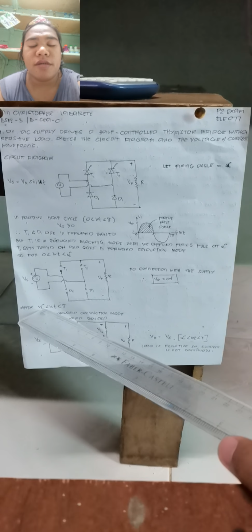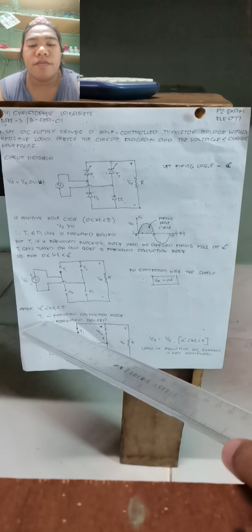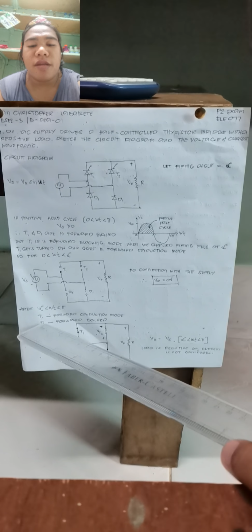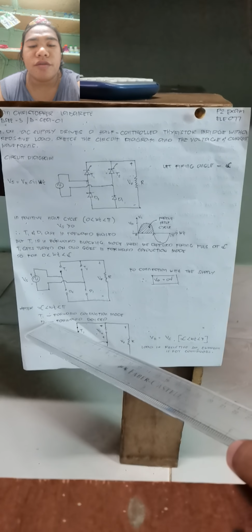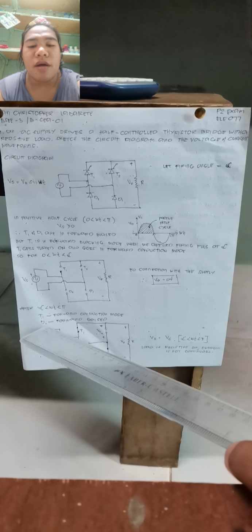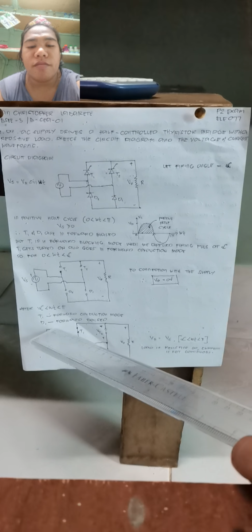After that, for lambda less than ωt less than π, T1 is in forward conduction mode and D1 is forward biased.